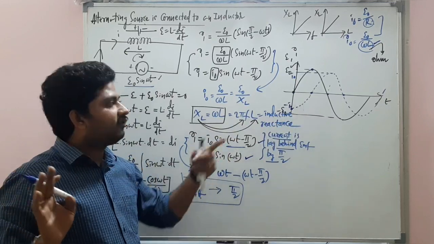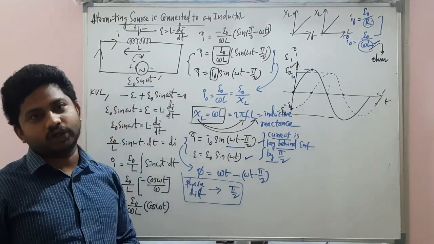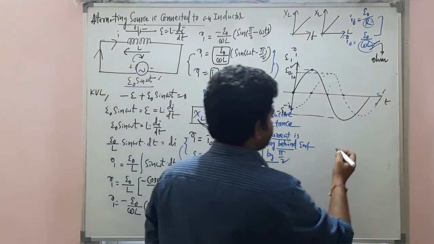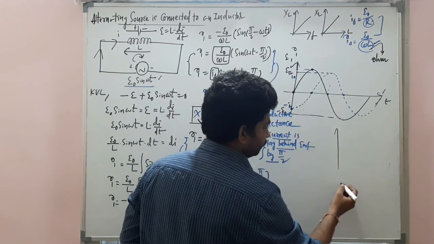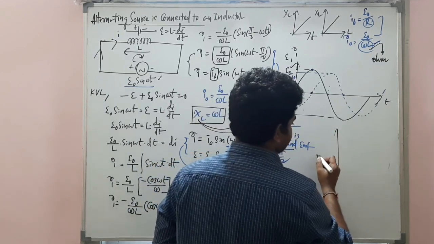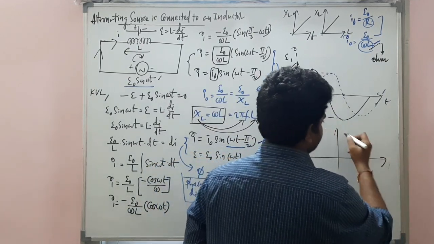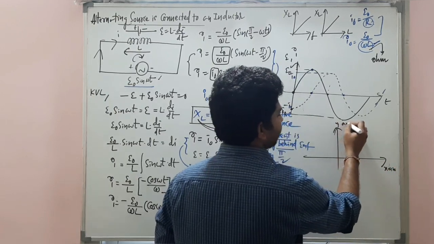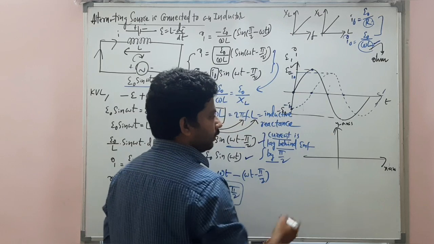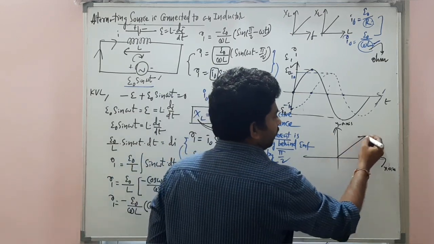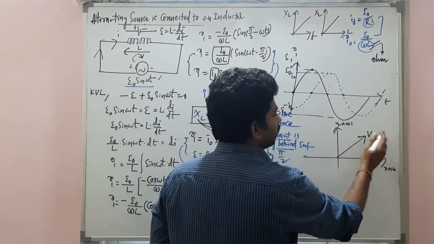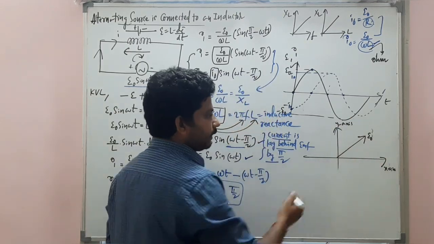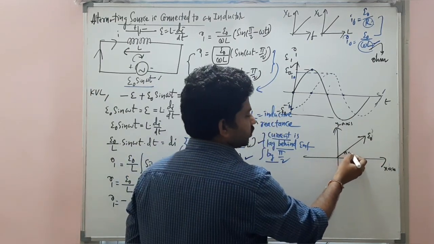Okay. Phase diagram, how you can draw. Phase diagram. Simple only. This is x-axis and it is y-axis, alright. This is your E naught, this is omega t, right?